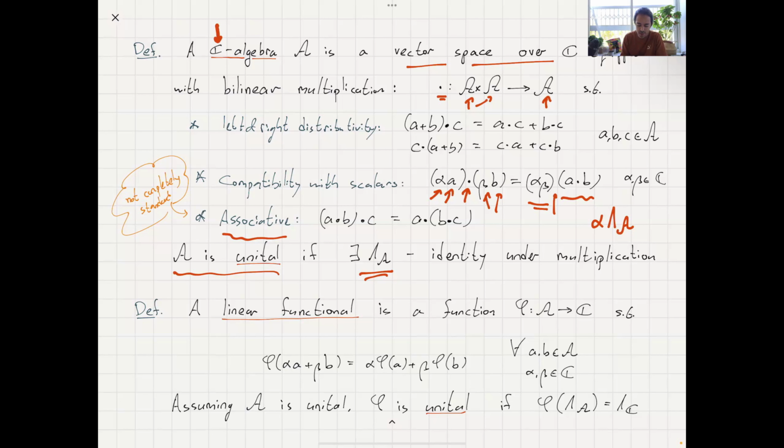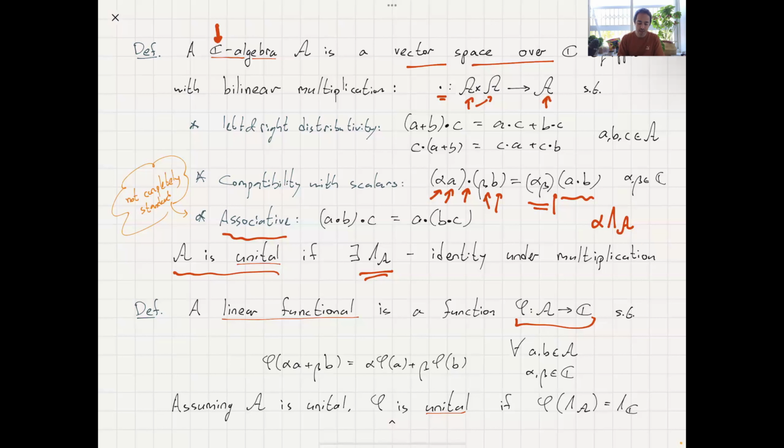So a linear functional is this kind of function. Generally, a linear functional looks like that, but in the context of an algebra, it's a function from the algebra to the complex numbers, and it respects the addition of the underlying algebra.